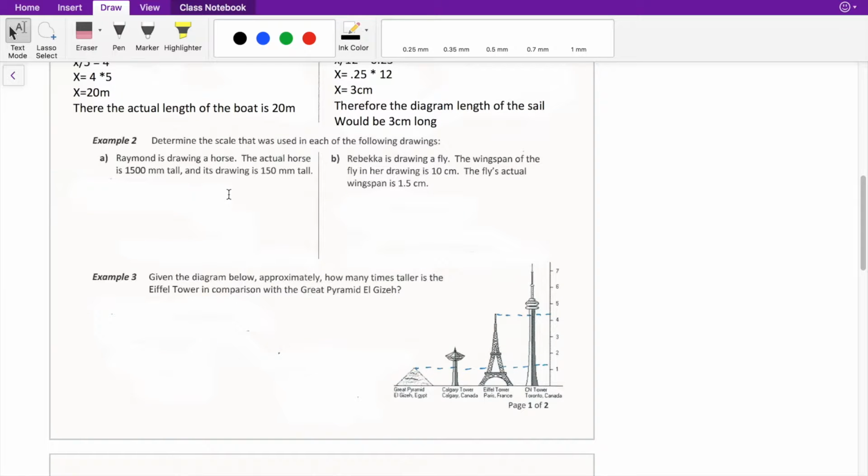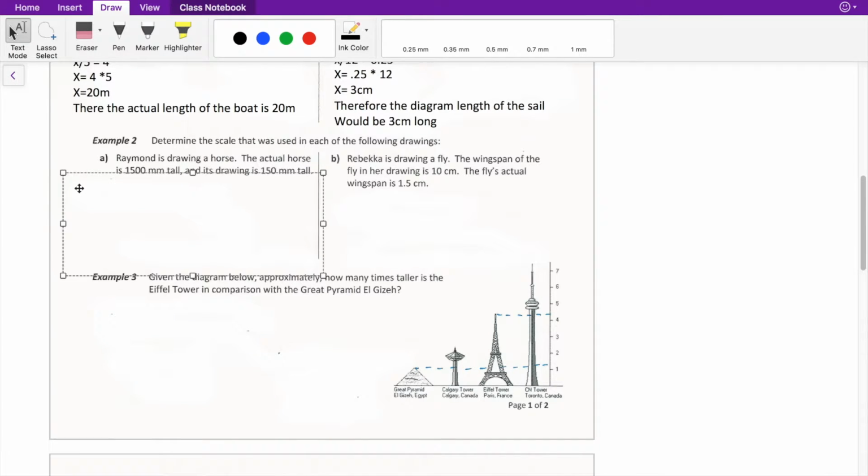So in this case, to determine the scale, we are just going to take a peek at the drawing over actual size. Okay? So an actual horse is 1,500 millimeters tall. The drawing is 150 millimeters tall.